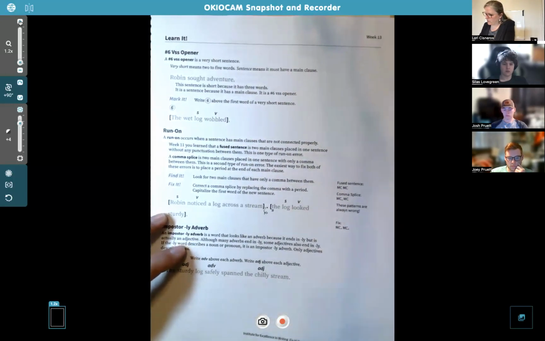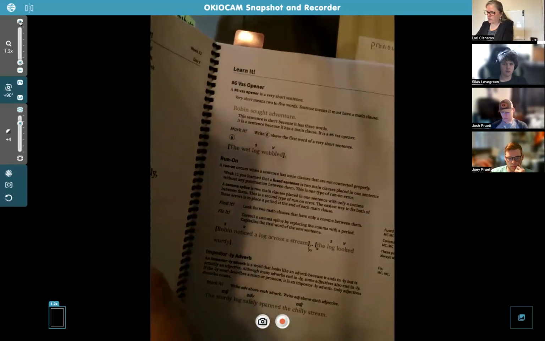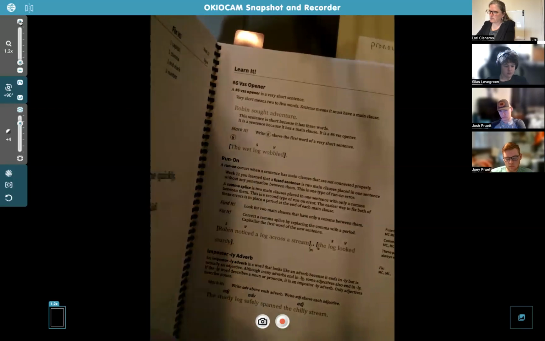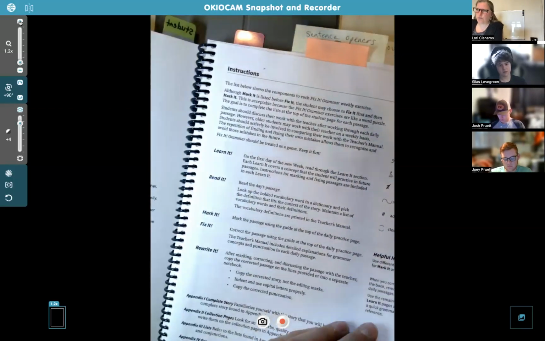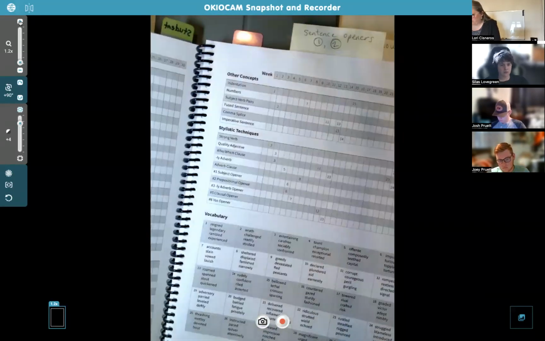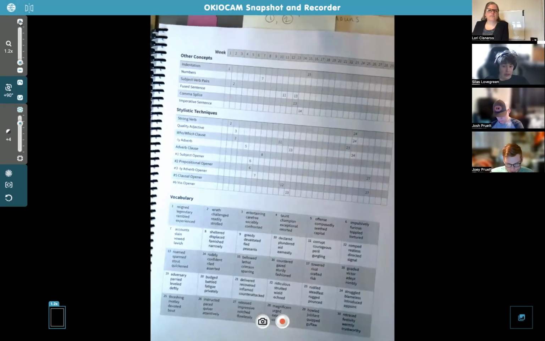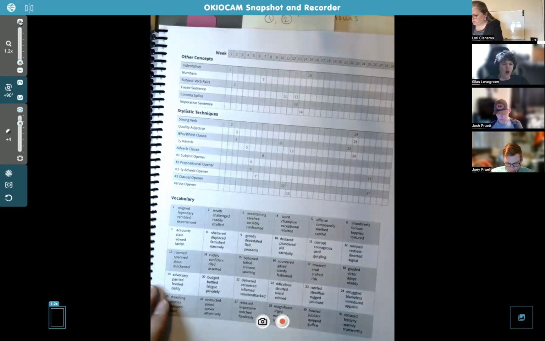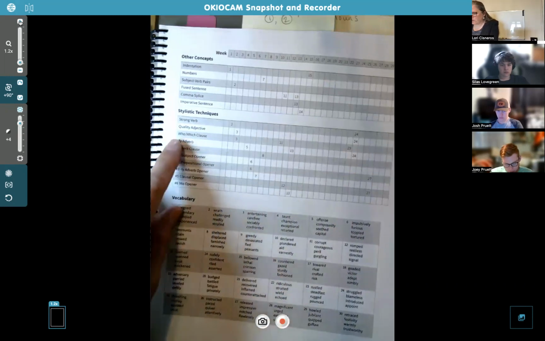Actually, on that note, if you could just look back really quick with me at the front of your book. This will make sense to you. Way up at the front, 4 pages in, you're going to see this chart. There's not a page number on this page, but it's the 4th one if you turn to it.